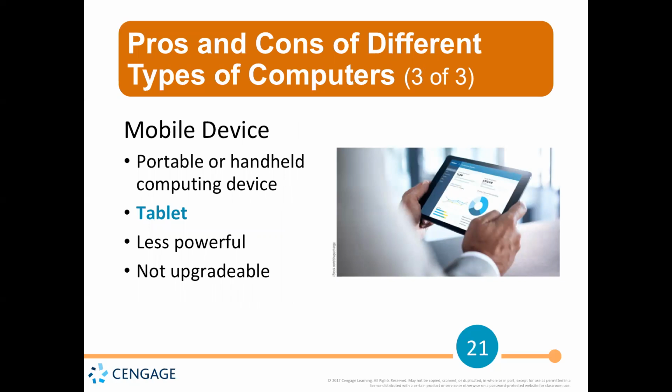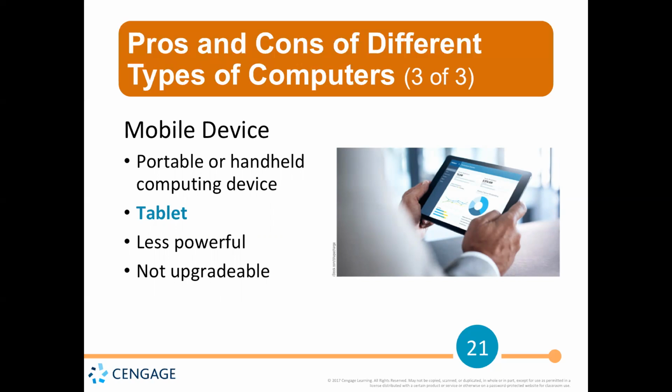Last is a portable or handheld device. We kind of skipped over more of a laptop, but a laptop is more of, I would say, the portable device. A tablet is very portable, but of course these are not going to be powerful, and you really can't upgrade them. In fact, I consider a lot of the tablet to be more of a consumption device, for doing email or watching a movie or surfing the web.